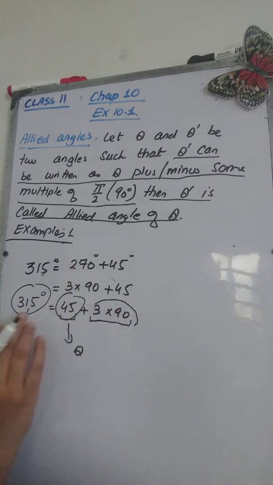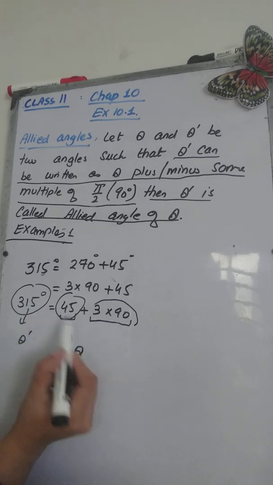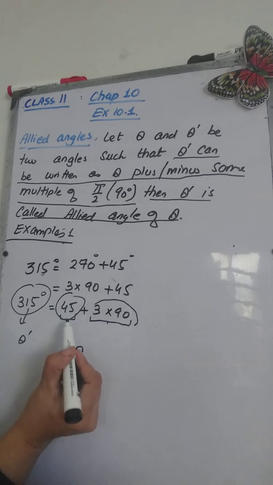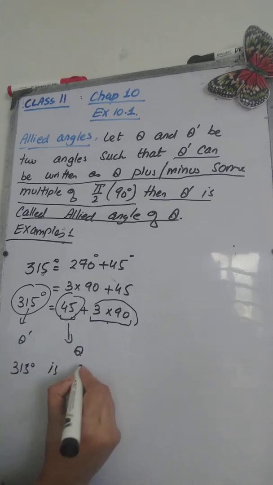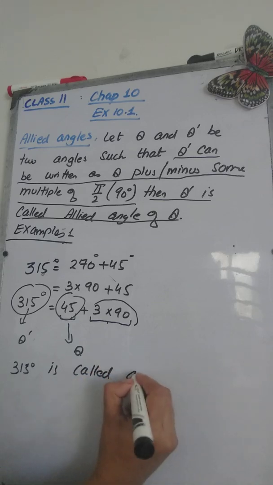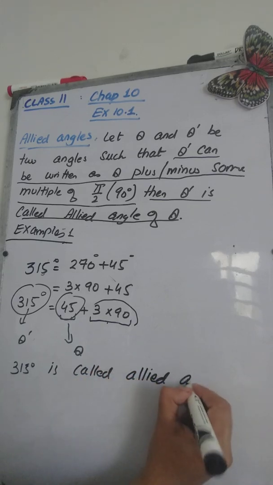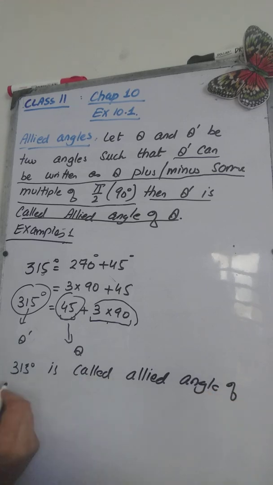So if any angle, 315 for example, is written as a sum of a multiple of 90 plus 45, then 315 is called the allied angle of 45.